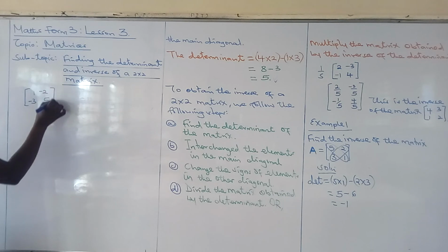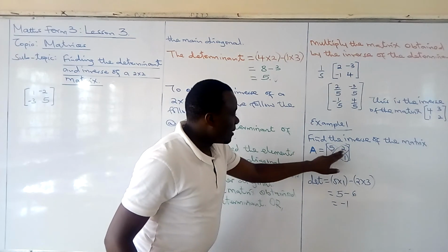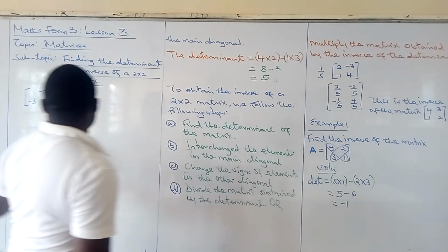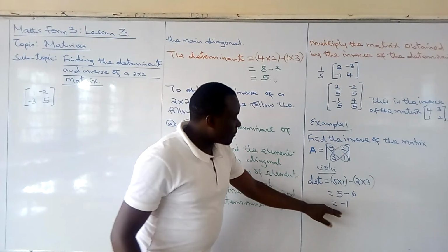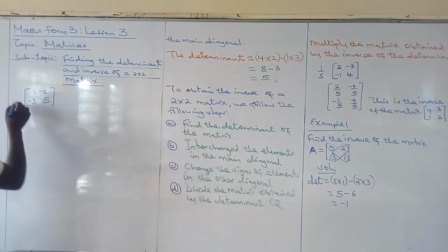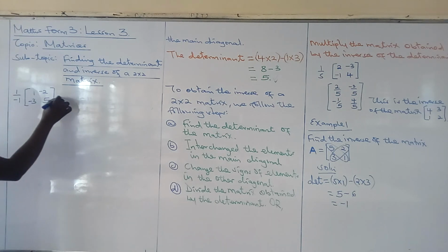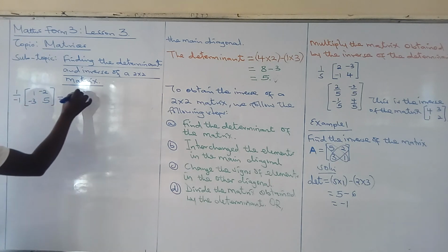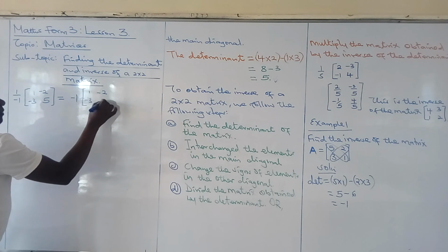So I've interchanged the elements in the main diagonal, and the elements in the other diagonal remain the same, we only change their signs. Then we multiply by the inverse of the determinant, which will be 1 over minus 1. This is the same as minus 1, times 1, minus 3, minus 2, then 5.